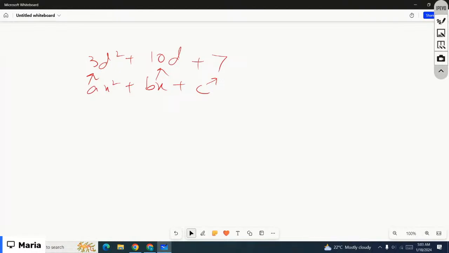You have to factor this equation. How do you factor? Basically, you need to multiply a and c.